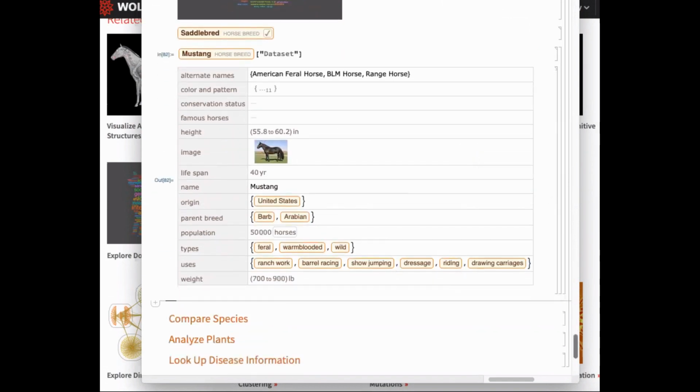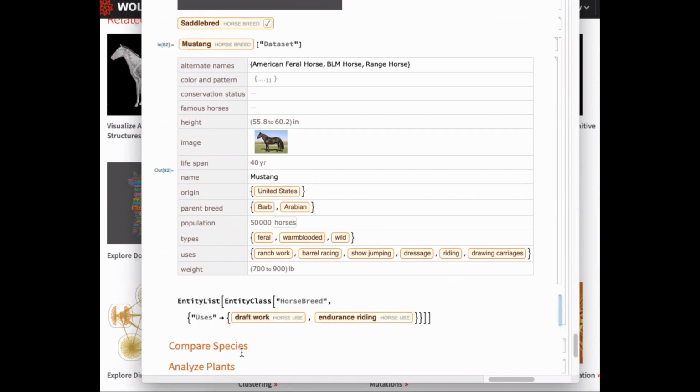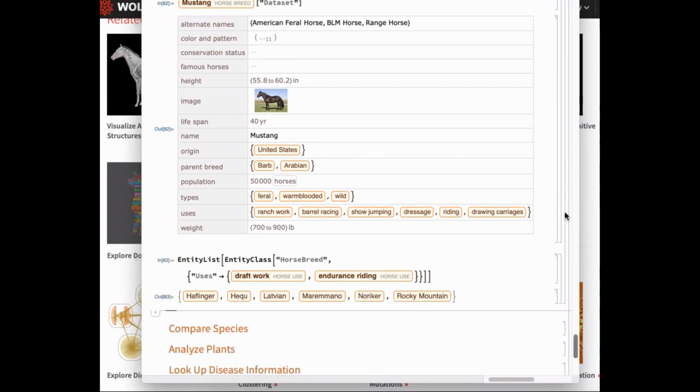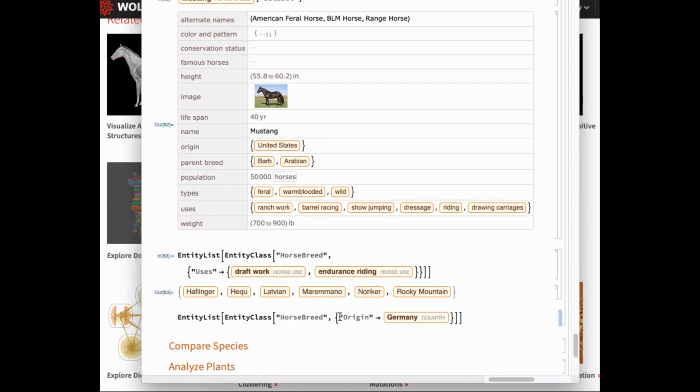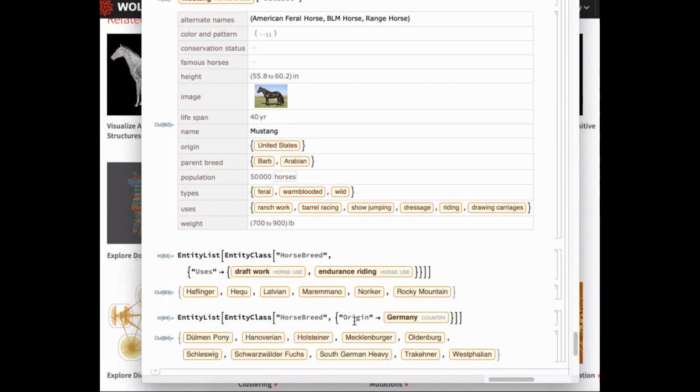And another thing to note is you can also make use of the implicitly defined entity class function to selectively find the group of horse breeds with specific property values of interest. For instance, find the horse breeds used for draft work and endurance riding, or find breeds developed in a specific country, in this case in Germany.